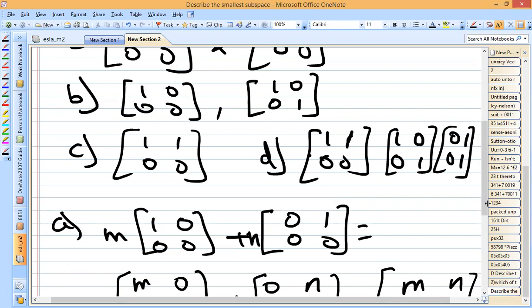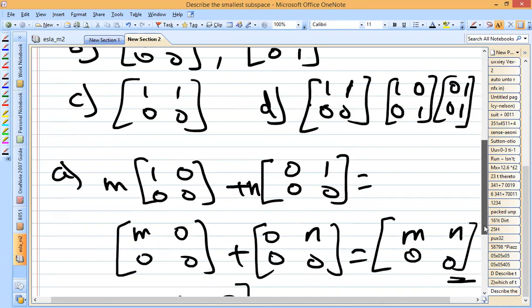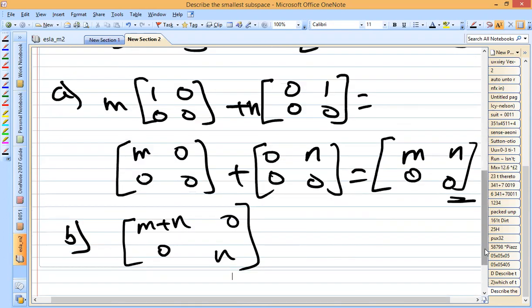How are we going to do it for the second one? That is for the C part. Yes, what is the answer for C? m m 0 0.